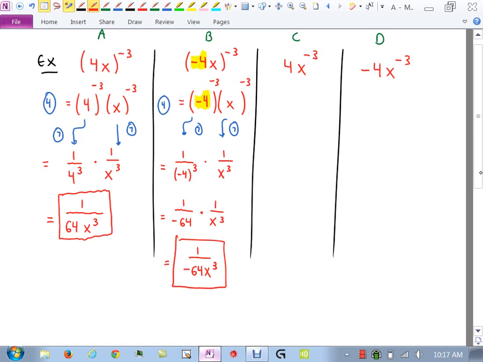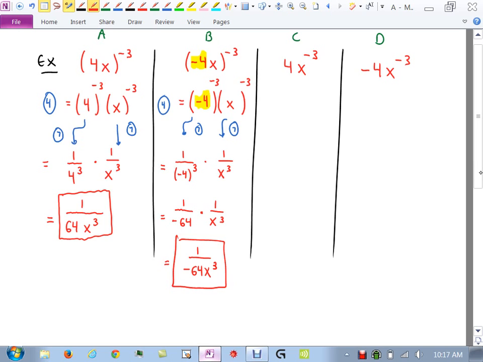How about the next one? Help me out. What's that? Property 7, you have something to a negative power, do 1 over it to a positive power.